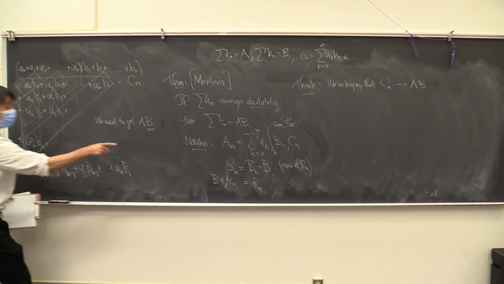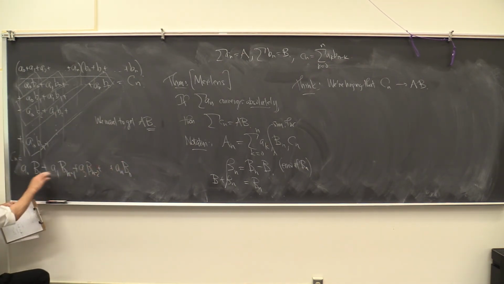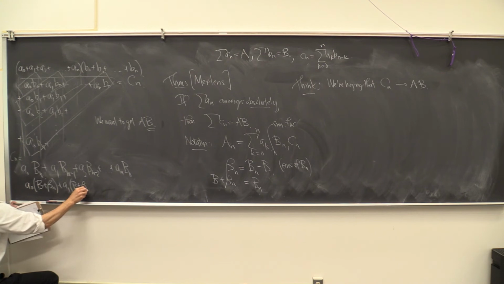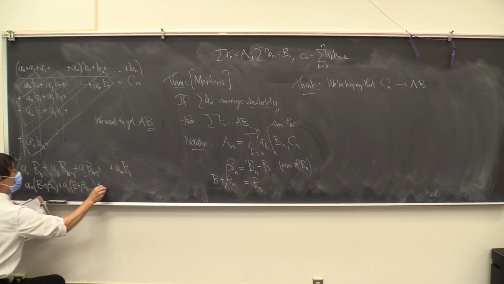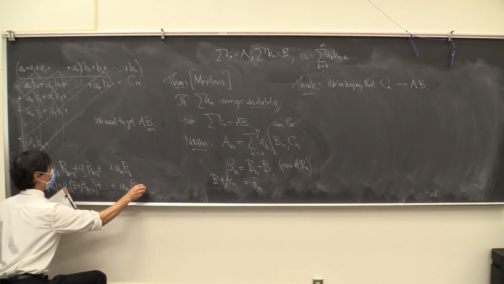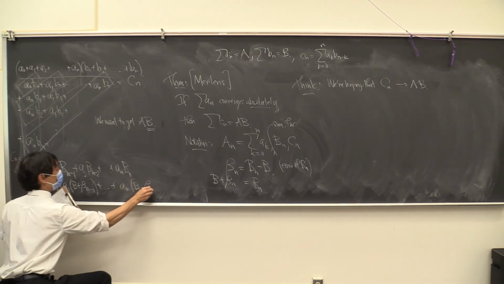So I'm going to replace these guys by B plus beta sub n. So A naught times B plus beta n, plus A1 times B plus beta n minus 1, excuse me, plus up to A n times B plus beta 0.